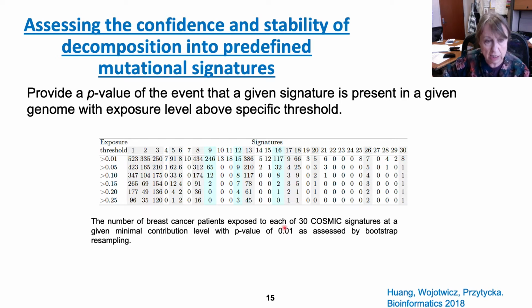So based on this analysis, we can very confidently add 3 more signatures to the breast cancer patients, and in fact, signature 9 was later confirmed.